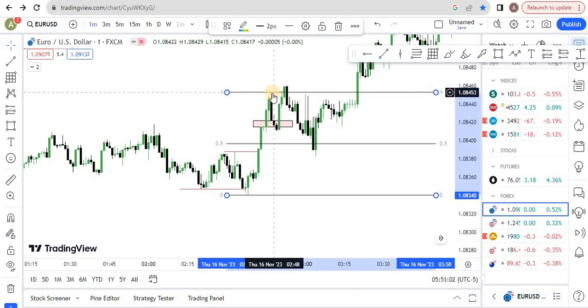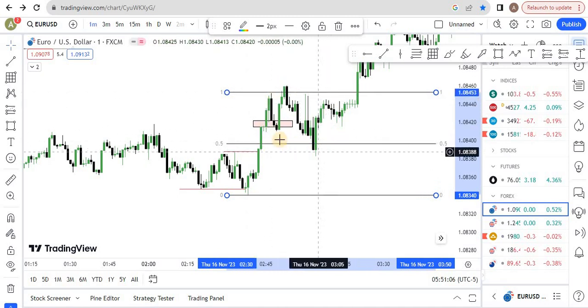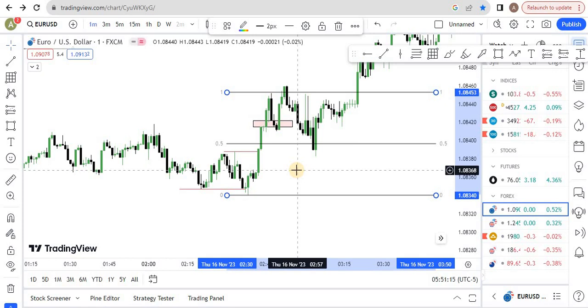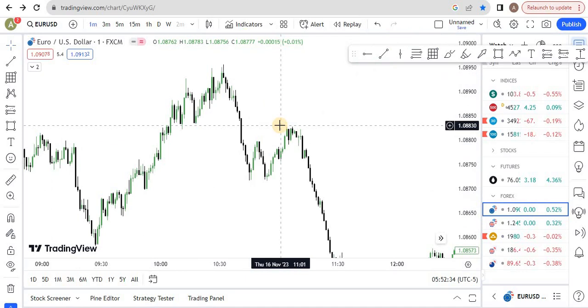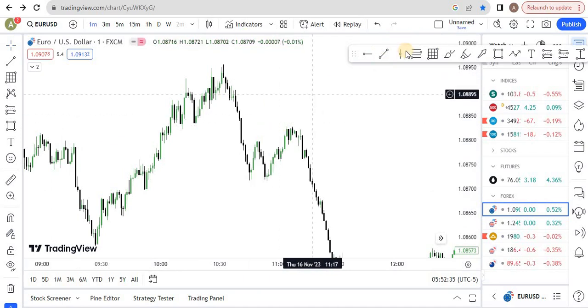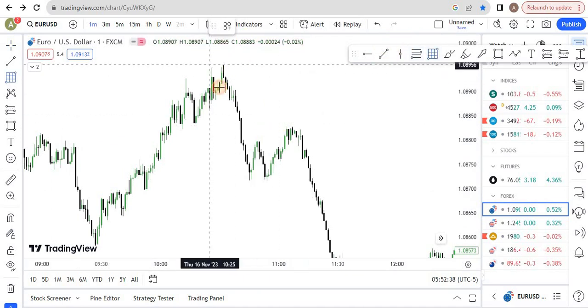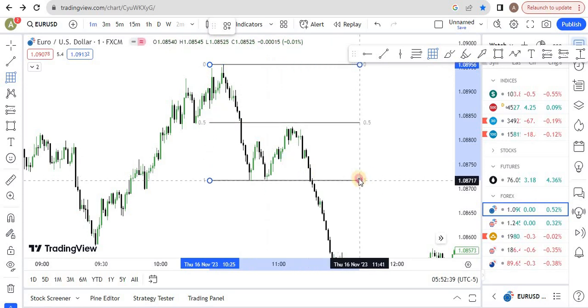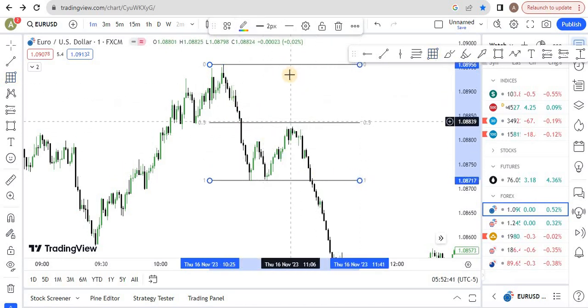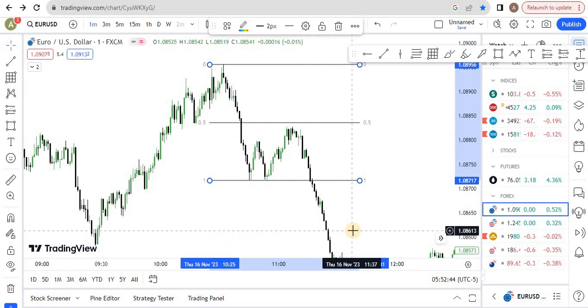After marking, you have to wait for price to come to your area, your criteria to be met, and then you trade. Many times you miss the trade, many times you go wrong, but don't worry, stick with your plan and that will be okay. Like here, price did not come to our premium area and kept going downside.